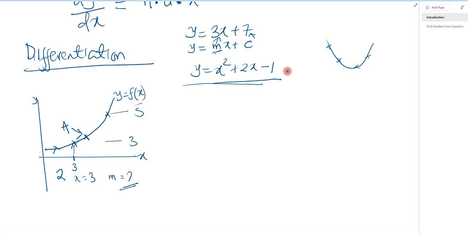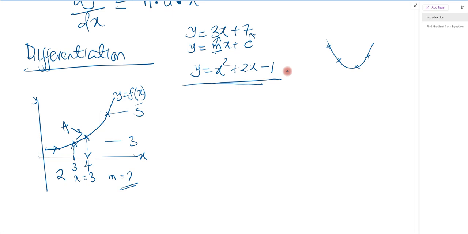What can we do? We can assume that, suppose we drop this point down here and ask, what is the value of x at A? Let's assume that maybe the value of x is something like 4.